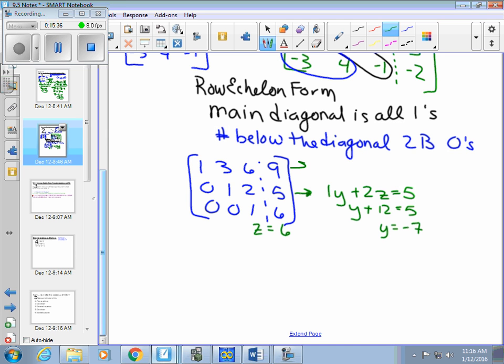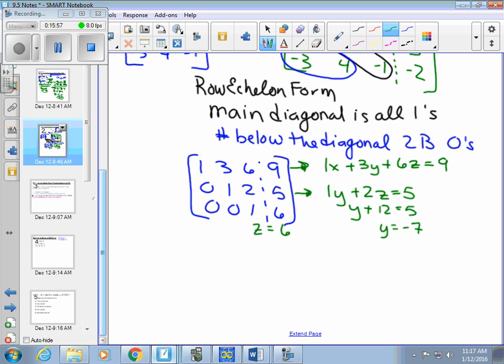This top equation, I would have 1x plus 3y plus 6z equals 9. Since I started with what z was and I have what y is, I can plug things back in. Now I randomly picked numbers here, so I'm not sure this is going to work out.